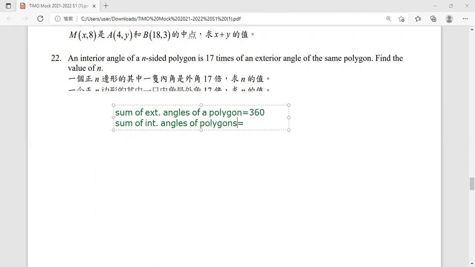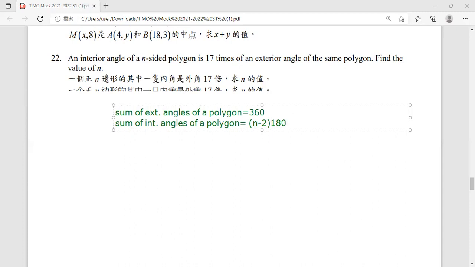It's a polygon. It's what? I can't do it this time. I got it. It's n minus 2 times 180.